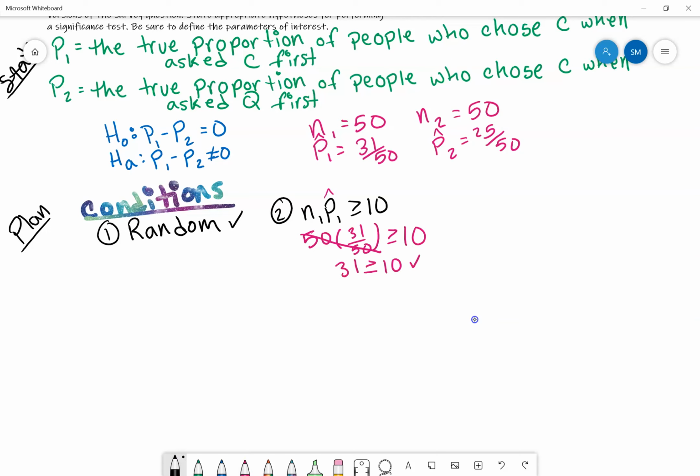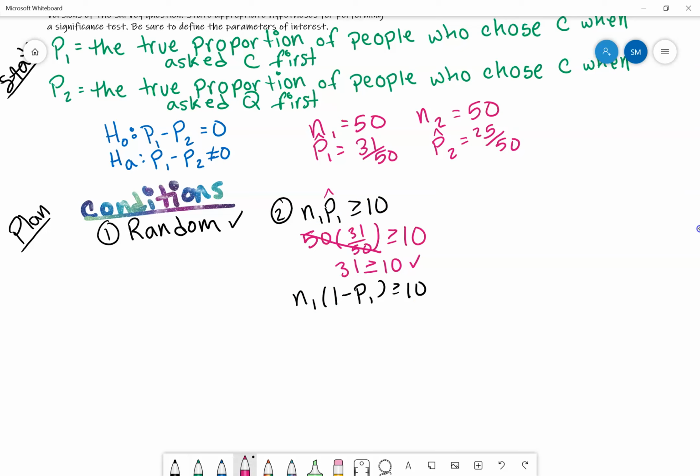Yes. Okay. N sub 1 times 1 minus p hat sub 1. And if you're wondering, why do we do this step? The reason why we do this step is this is trying to say, are there at least 10 people who agreed and 10 people who didn't agree? That's why it's 10. So your sample has to have at least 10 of those.